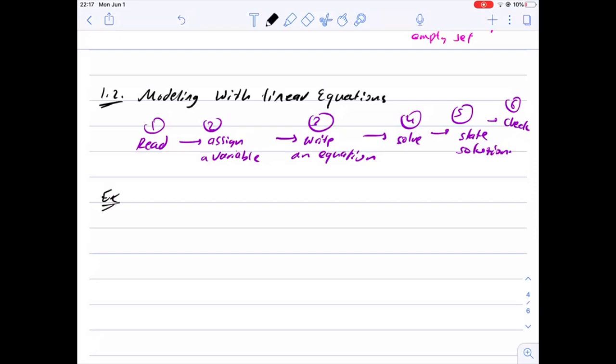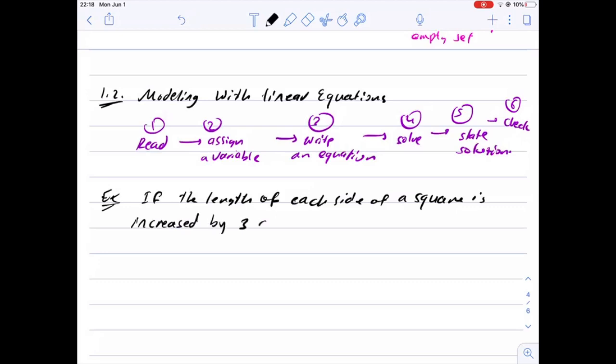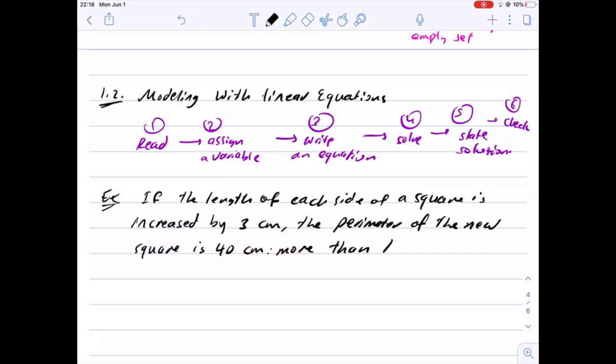Let's take an example. If the length of each side of a square is increased, and the word increased is very important here, by 3 centimeters, the perimeter of the new square is 40 centimeters more than twice the length of each side of the original square.